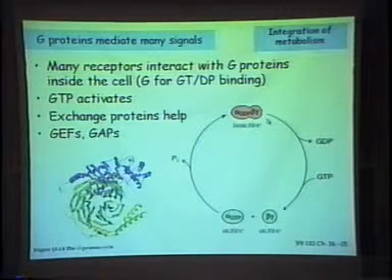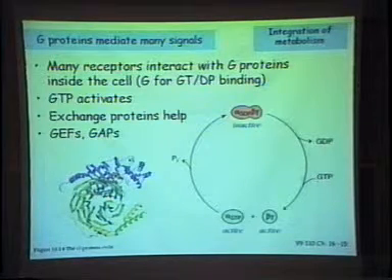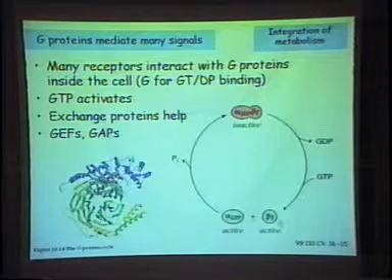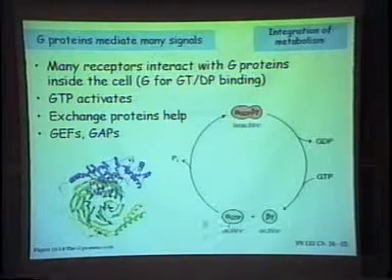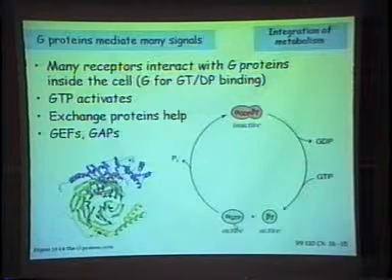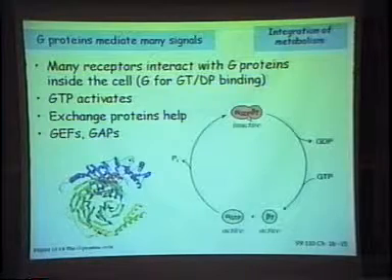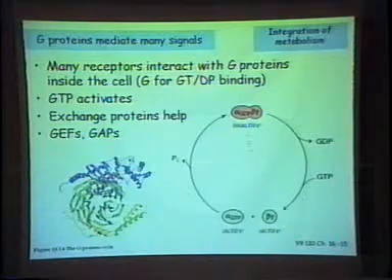Some kind of a signal comes that stimulates the release of the GDP and rebinding a GTP. That splits the two parts of it apart from each other, and they're now active, and they'll stay active until this subunit hydrolyzes its GTP into GDP, and then it'll pick up another beta-gamma subunit to do that.